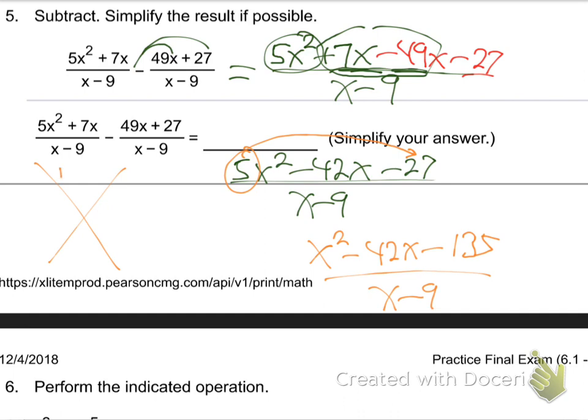So I'm saying what multiplies to be minus 135, and adds to be the middle number, minus 42. Well, this is not easy.